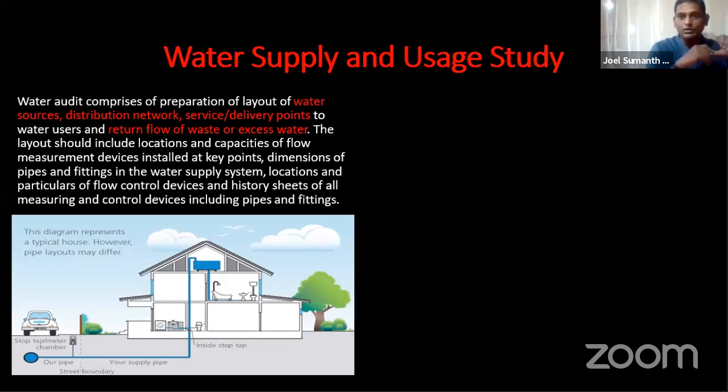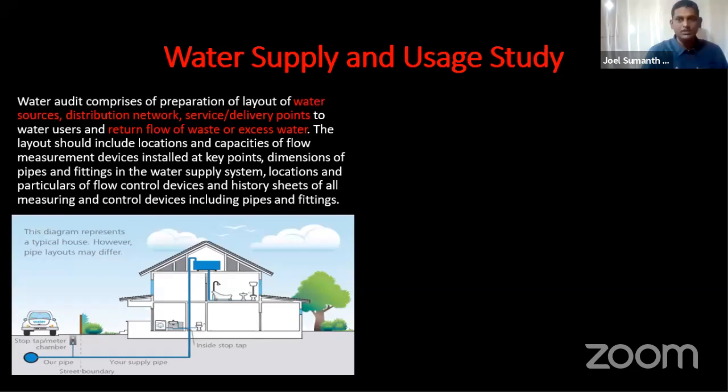Then you have something called the distribution network. What is the distribution network of water in your system? When I use the word system, it can be anything. It can be as large as a city or a state, or as small as a single unit house.